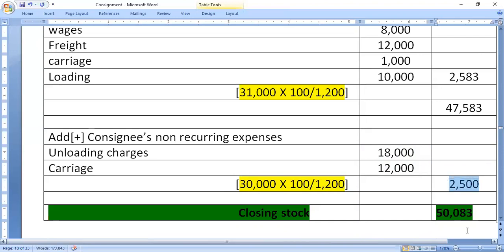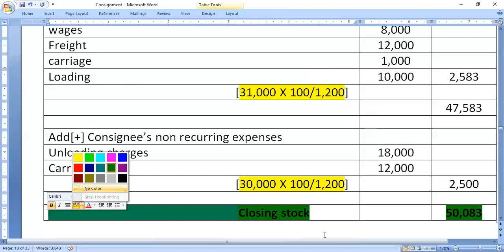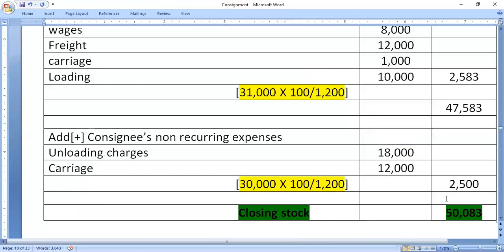So the total unsold stock in the hands of Dravid is 50,083. Closing stock or unsold stock is Rs. 50,083.